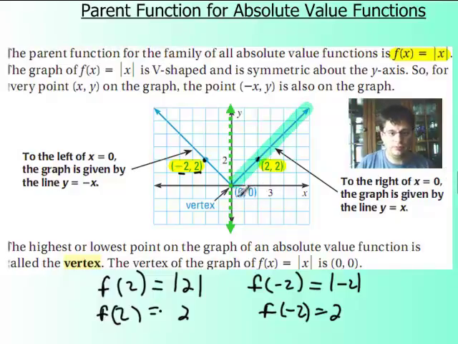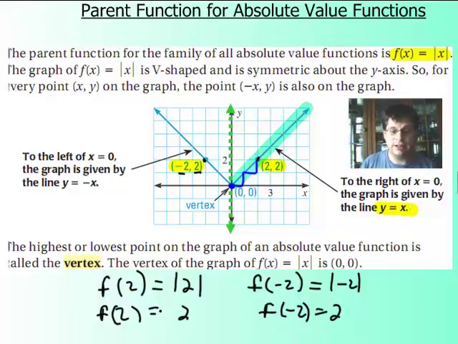If you'll notice, this has a slope of 1, over 1, up 1, over 1, up 1. And it has a y-intercept. It'll cross here at 0, 0. So it has a y-intercept of 0. Thus, we would say that this right branch has an equation of y equals x, the same as a line or the linear parent function.